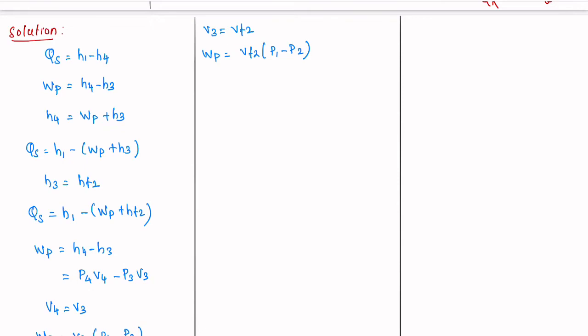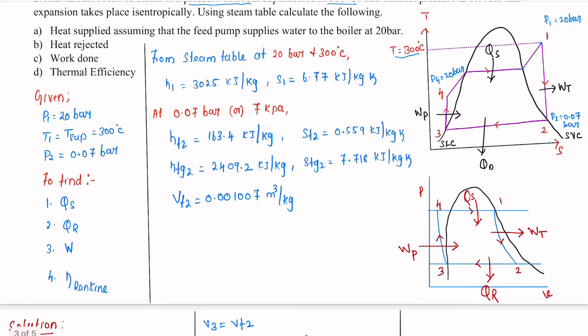We have the value of Vf2, which we have calculated from the steam table at pressure 0.07 bar as Vf2 is equal to 0.001007 meter cube per kg.